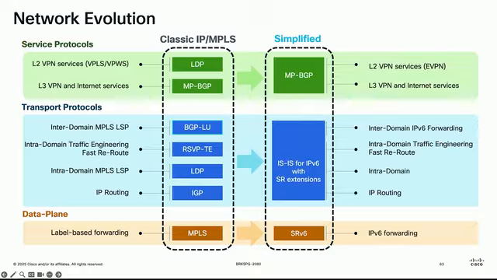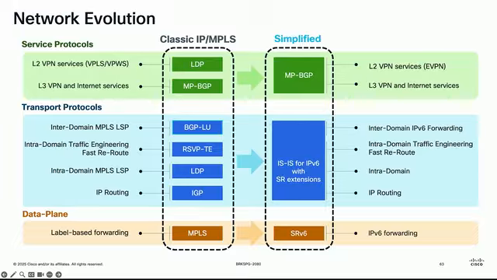on top of the IGP, you'll see in a classic IP MPLS network, LDP for label forwarding, RSVP-TE for traffic engineering or fast reroute, and then BGP labeled unicast for scaling the IGP using unified or seamless MPLS.